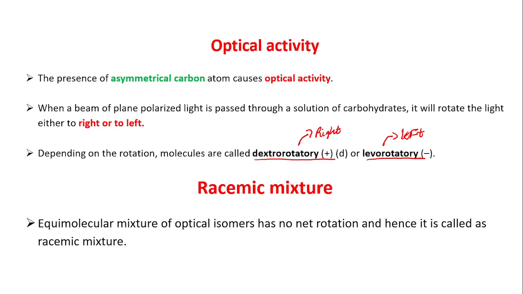So levorotatory is the name which will be in front of that molecule. For example, L-glyceraldehyde. It simply means that that molecule rotated to the left. When you talk of dextrorotatory, this is normally positive, and this molecule has rotated toward the right. That's why you're having D-glyceraldehyde, and this is because of the chiral carbon present.